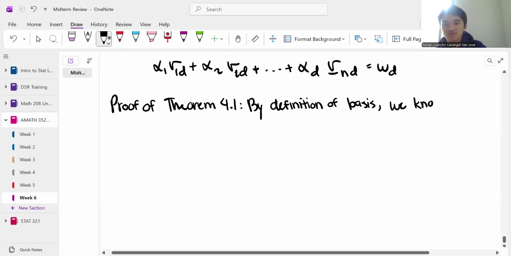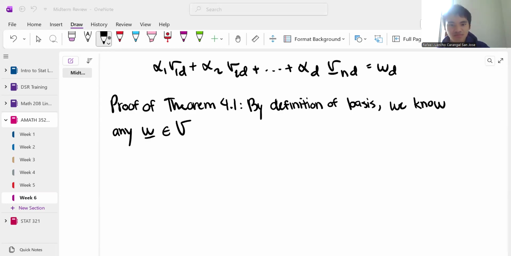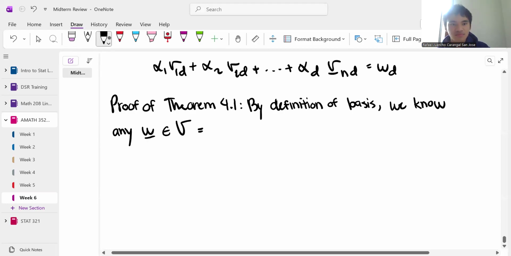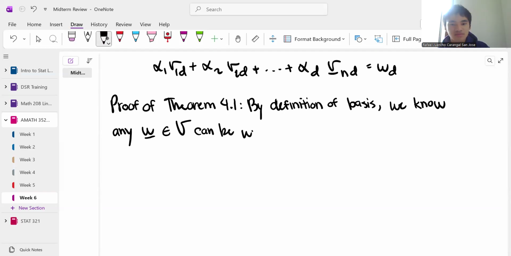We know that any W vector that belongs in the subspace V can be written as a linear combination of basis vectors.